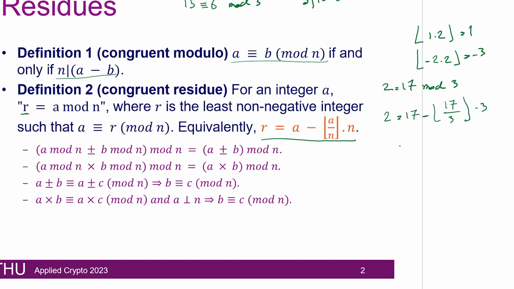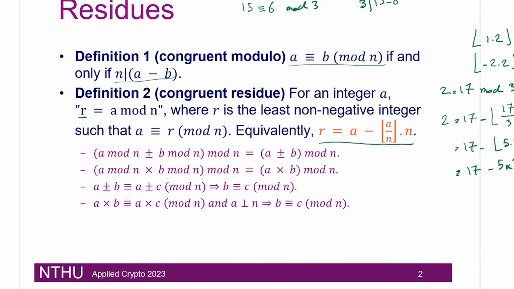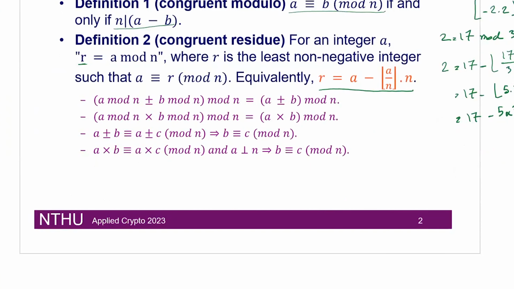Then I can show that this is equal to 17 minus floor of 5.67 times 3. And this is going to be 17 minus 5 times 3, right? Which is going to be equal to 2. So just a different representation. Soon we will get back to this, and we will see why this property is important and why we brought it up.